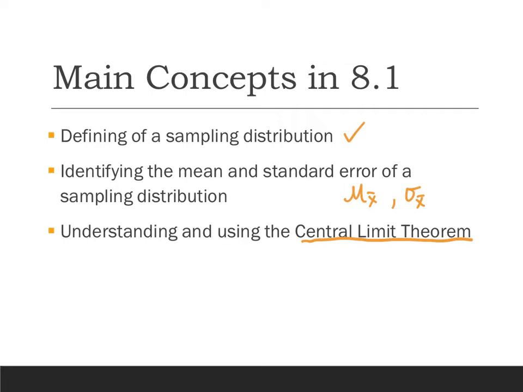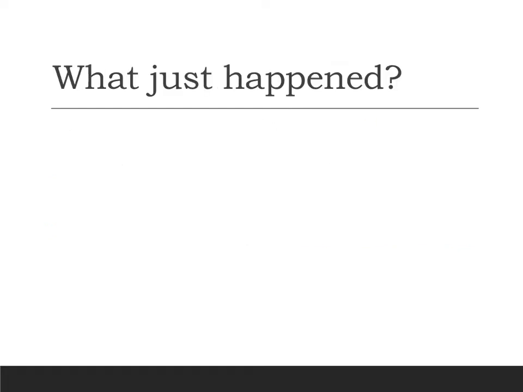The central limit theorem takes it a step further and helps us finish describing the sampling distribution, but we have to have one of two things true in order to apply the central limit theorem, and we'll talk about that in this video. All right, so we just saw in the previous video some sampling distributions, and I'm going to add those here.